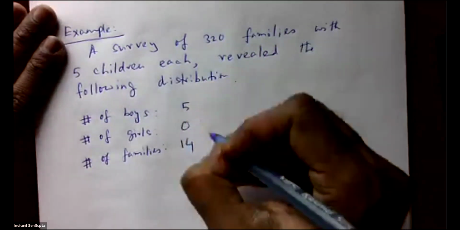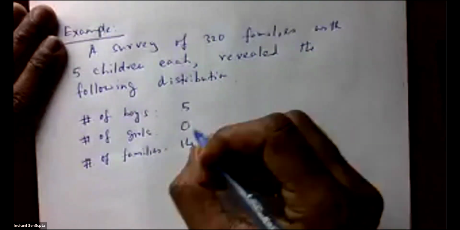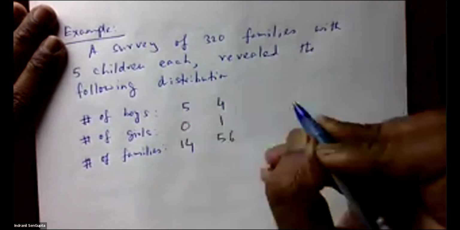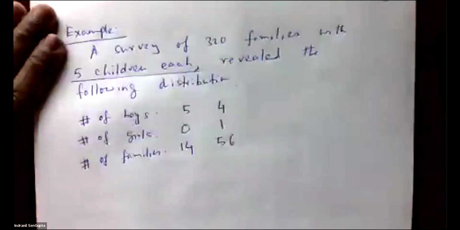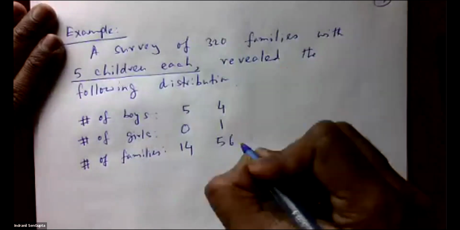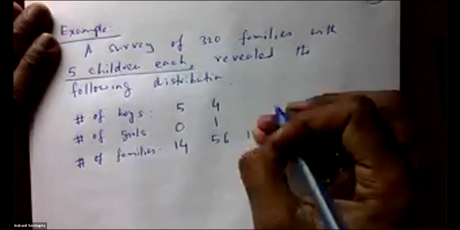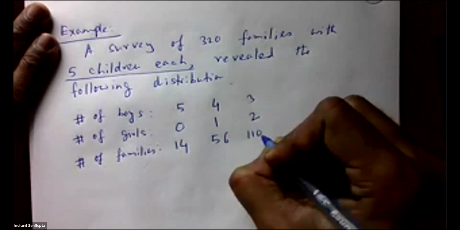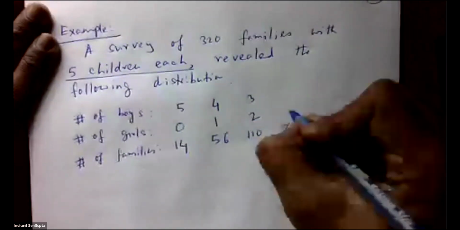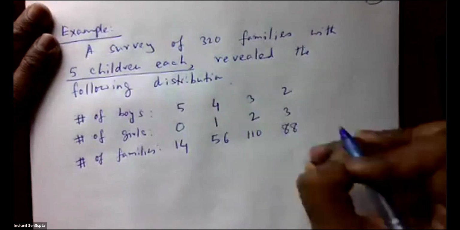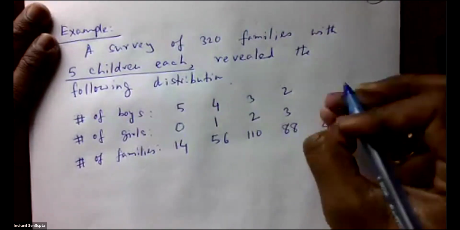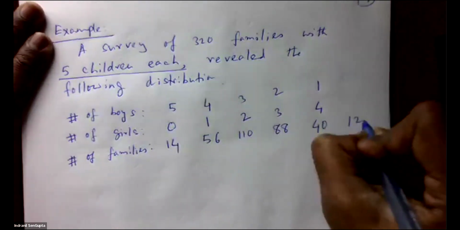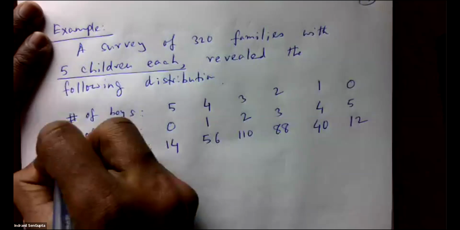For 56 families, there is 1 girl and 4 boys. Remember that we are considering 5 children each family. For 110 families, 2 girls and 3 boys. For 88 families, 3 girls, 2 boys. For 40 families, 4 girls, 1 boy. And for 12 families, 5 girls, no boys.